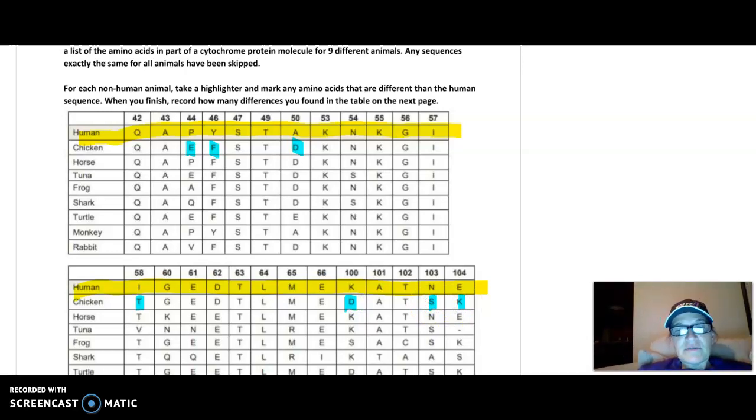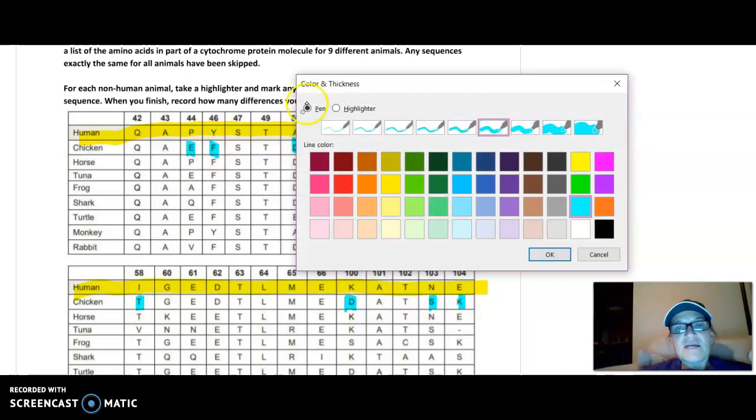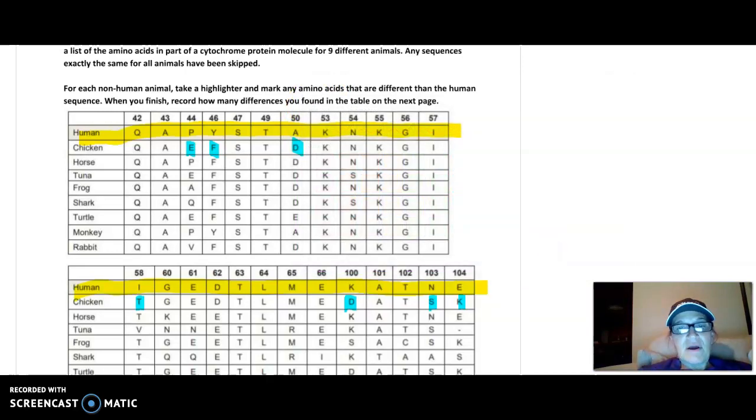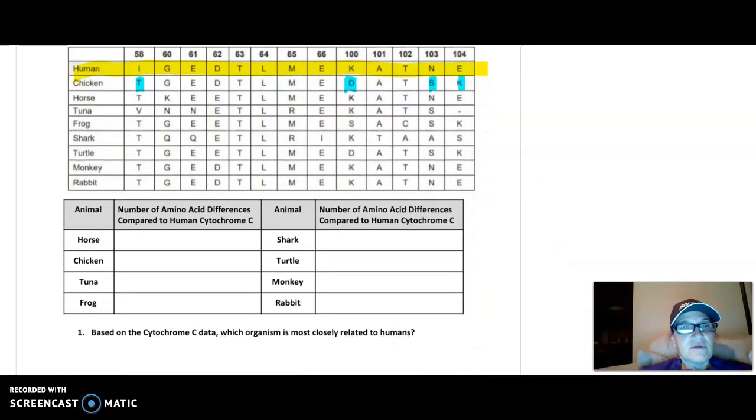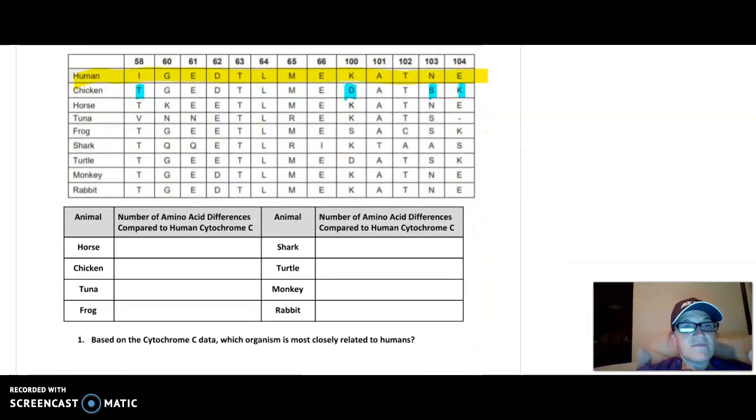Now what I'm going to do is I'm going to count the total number of differences. So a chicken in the cytochrome C protein has 1, 2, 3, 4, 5, 6, 7 differences. And so I will go ahead and I will mark down here where it says chicken that there are 7 differences.